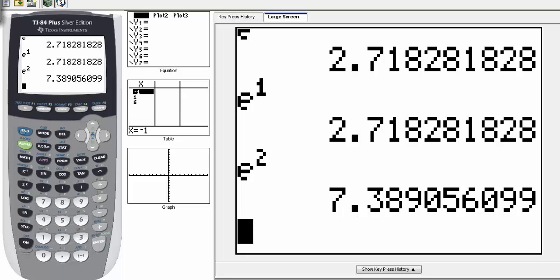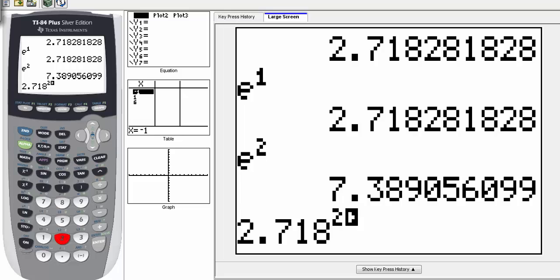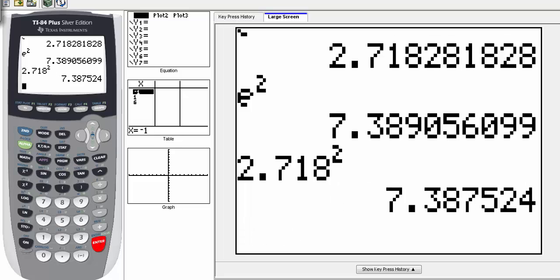Now, for example, if I was to take the number e, which we said is approximately 2.718, and if I round that and just leave it as 2.718 and raise that to the second power, notice I get a number that is somewhat close here, 7.389, and here we get 7.387.